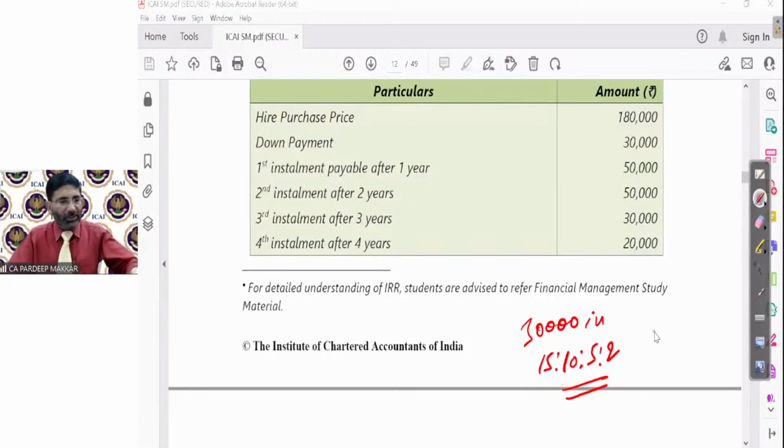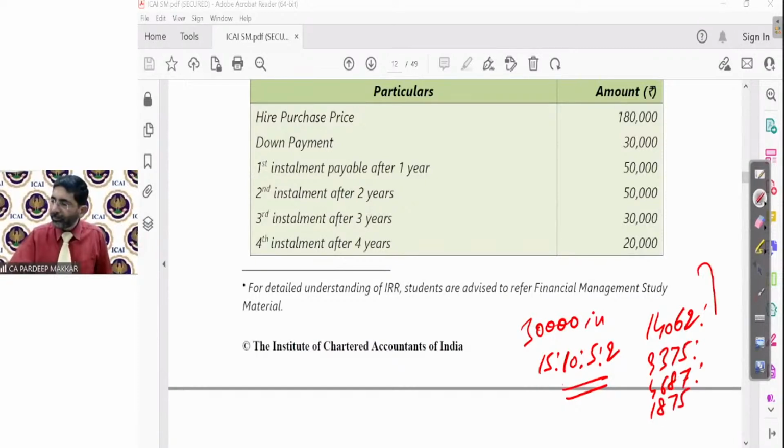Everyone must have to send it, beta, fast. बाकी लोग कहाँ गए? Everyone must have to send it, beta, fast. Very good. So this is the amount.